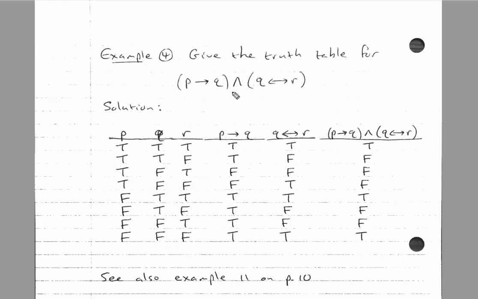And then the last step, this AND in the middle. So for the AND to be true, we need 2 trues. Everything else is false. So when do we get 2 T's? Here, and here.